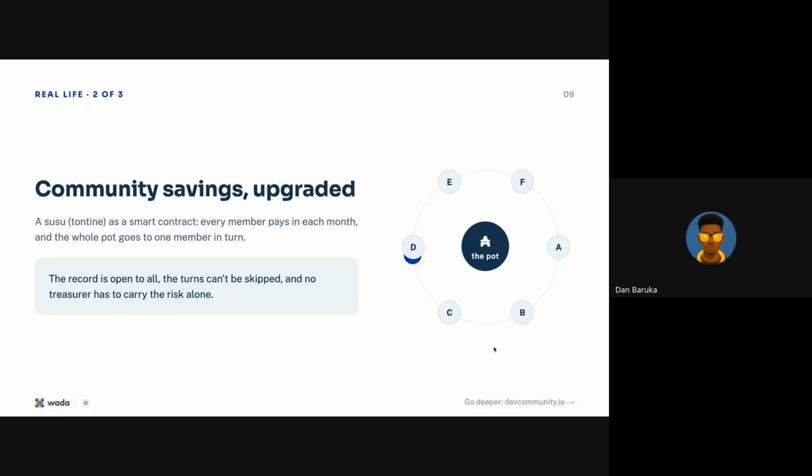So people in a group have a kind of pot, someone collects money from all the members and puts it together, and one member at a time receives the total amount of funds, and we do it until all members have received. But this kind of activity has a lot of problems because the middleman can run away with the money. We can have the problem of the book where we write the money being lost. So we have a lot of problems with this activity using papers.